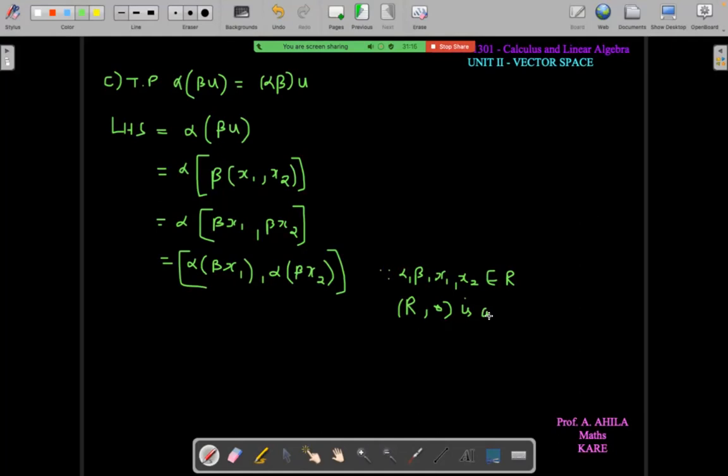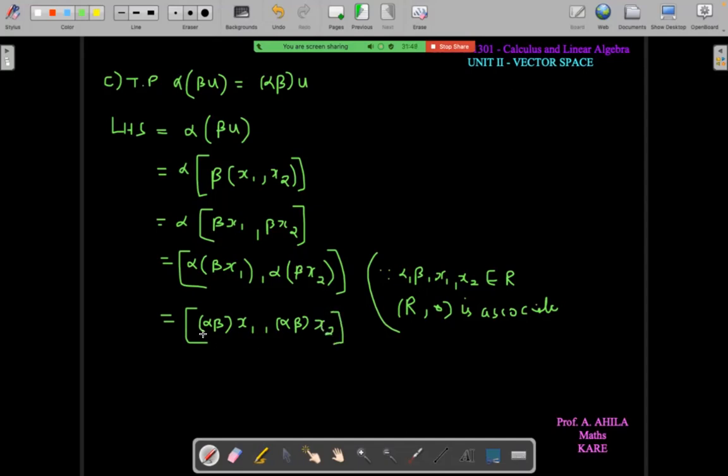That is always an abelian group, so it is associative. Okay, so here we can associate, so that I can change this bracket within the elements, that is alpha into beta x1, I can write this as alpha beta into x1 comma, here also I can associate alpha beta into x2.